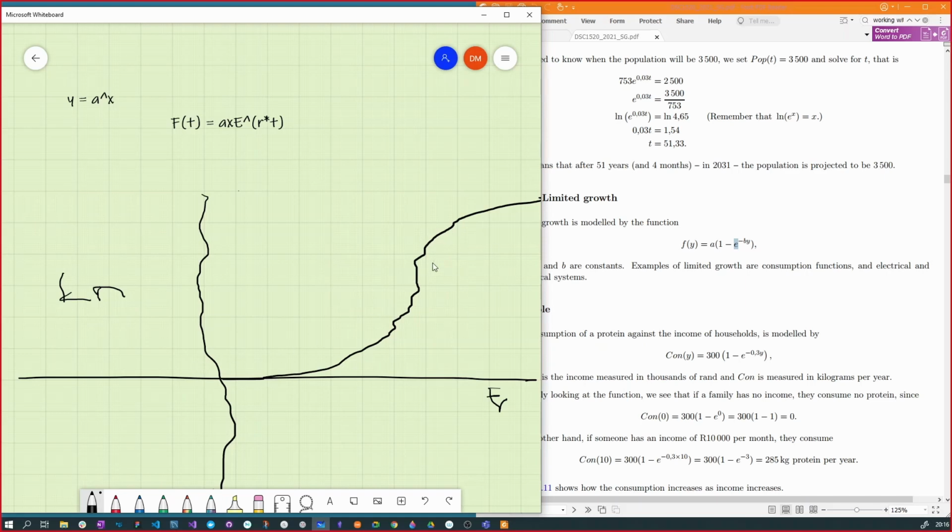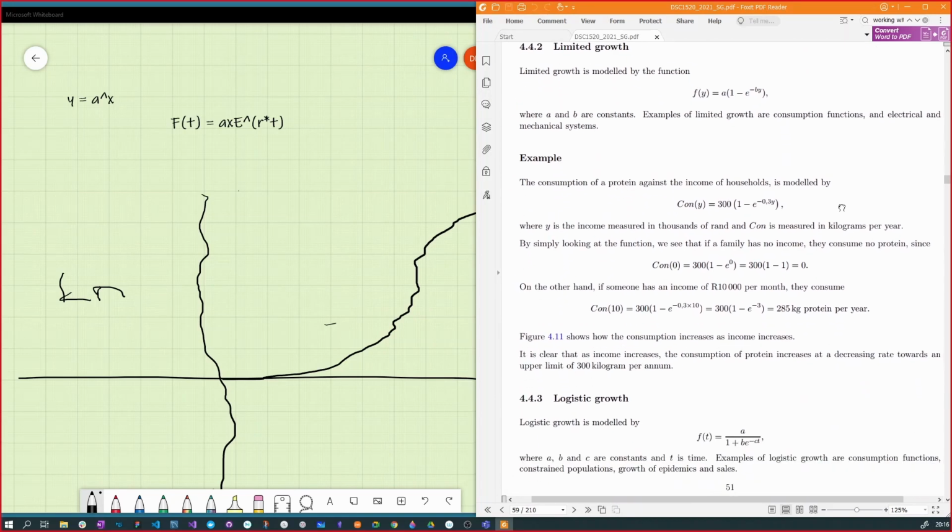But unlike the cubic function, you won't experience a decline, or reach a turning point. You will just keep tending towards the carrying capacity or the maximum speed. So that's what they mean by limited growth, and this is modeled by this specific function.